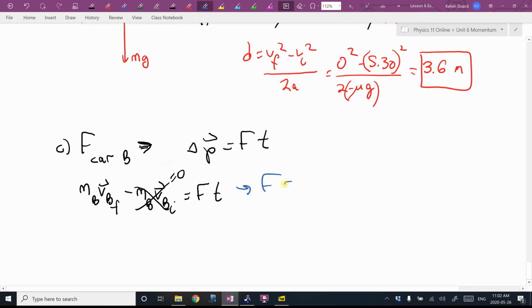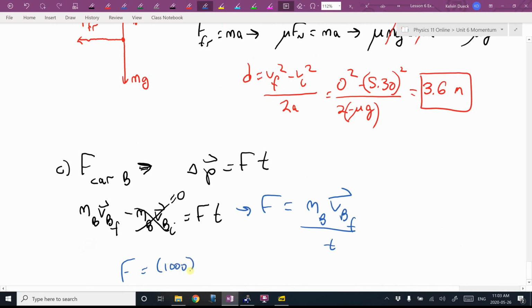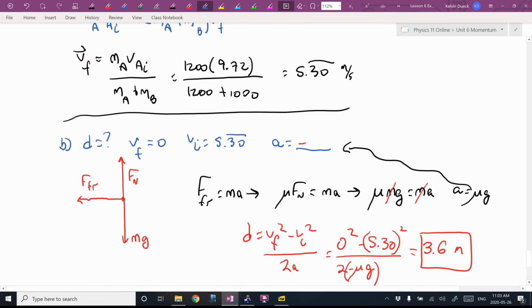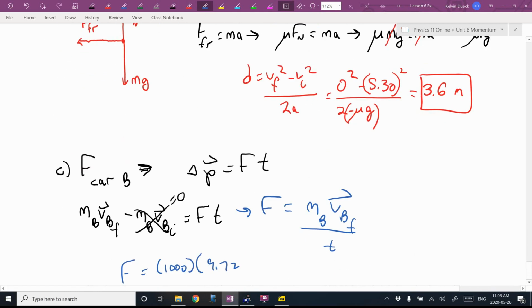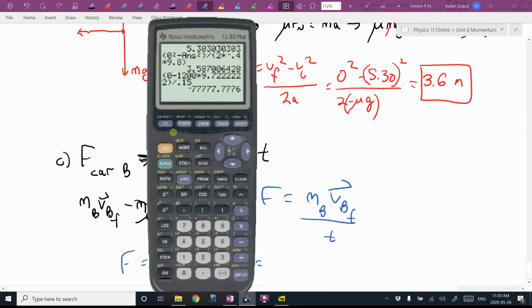So, force is going to be mass of car B, velocity of car B final, divided by time. Mass of car B, which I think was 1,000. Yes, it was. Velocity of car B, 9.72? Is that what it was? Divided by 0.15. Sorry, I did that totally wrong initially.